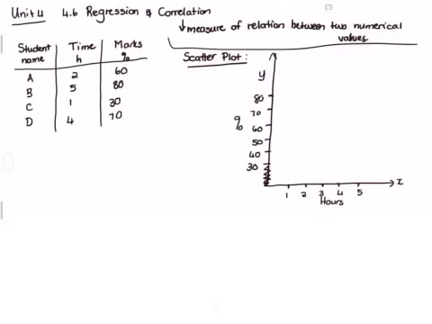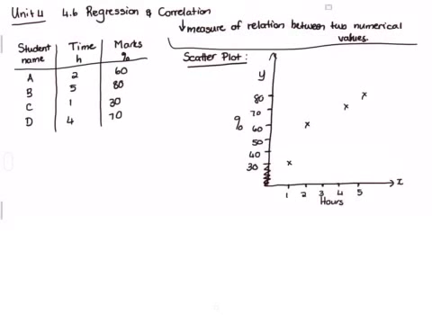Now you plot each one exactly. The guy who studied for 2 hours got 60%. I like to put a little cross, it's clearer than a dot. So where 2 and 60 come together. The one who studied for 5 hours got 80%, 1 hour got 30%, 4 hours got 70%.